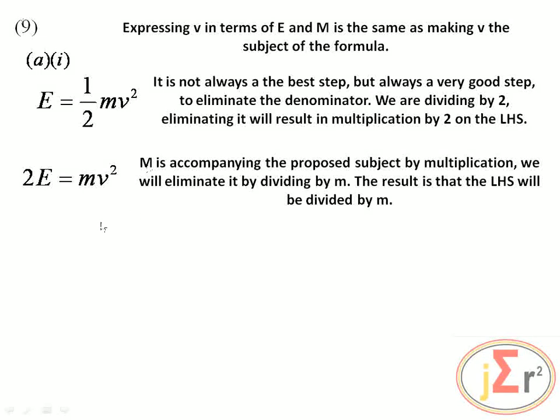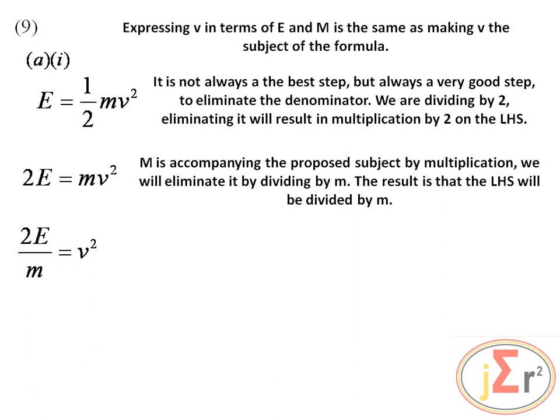M is accompanying the proposed subject, which is v, by multiplication. To eliminate m, we will divide the entire expression by m. M will therefore be eliminated from the right hand side, and on the left hand side we will have 2E over m.